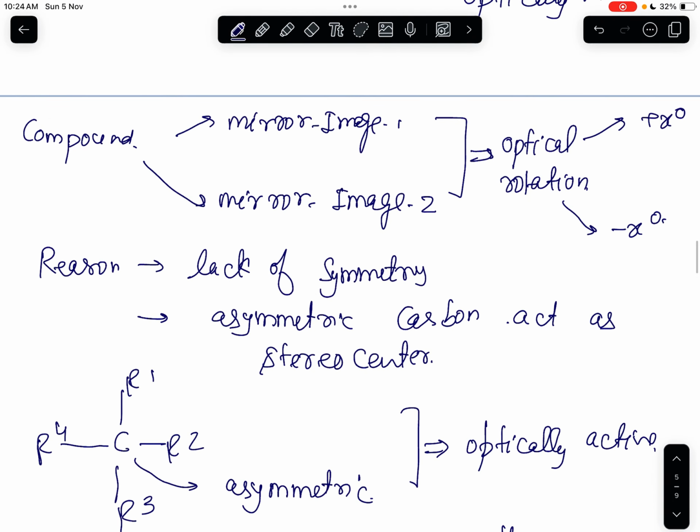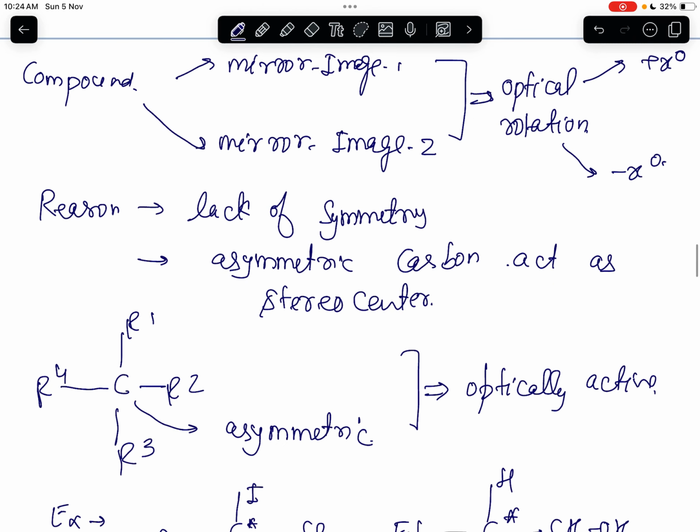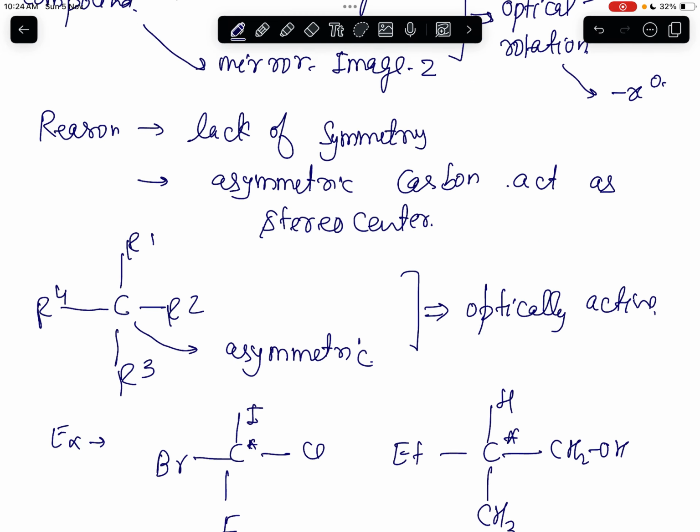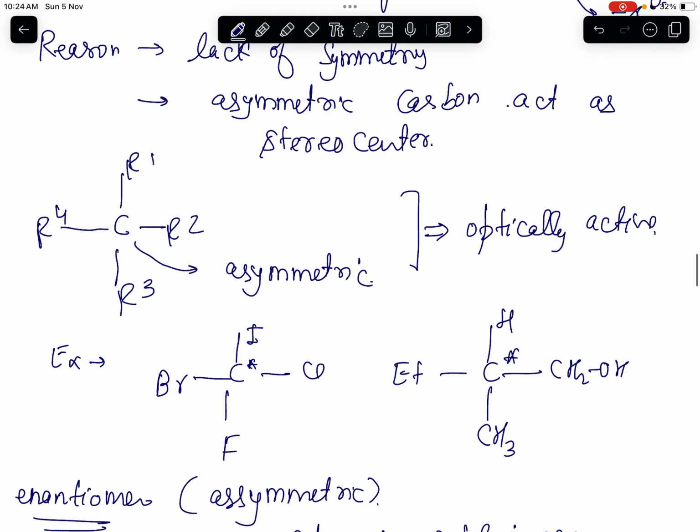Suppose a compound has two mirror images, both showing an equal amount of rotation, one to the left and one to the right. Then we can say it lacks symmetry, meaning the compound contains an asymmetric carbon. The reason behind the equal rotation is that the carbon has 4 different groups. That is why the compound is called optically active.